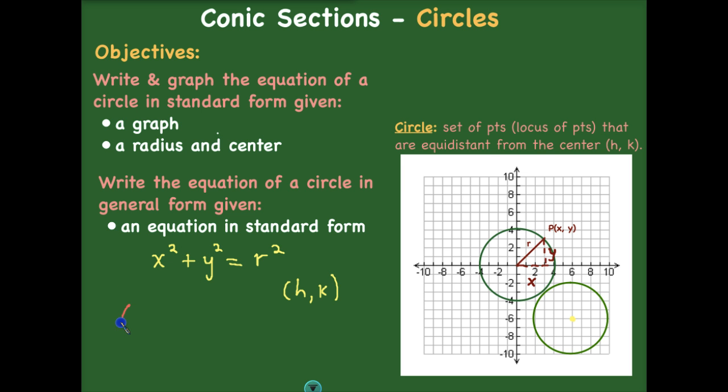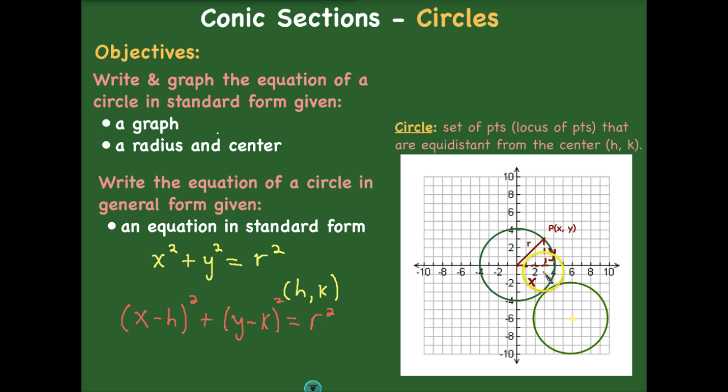If we want to show that translation, for x horizontally, we would write x minus h, whatever h is. And since we're going to be translating y on the same side as y, we could write it the same way. y minus k, whatever k is, equal to our r squared.